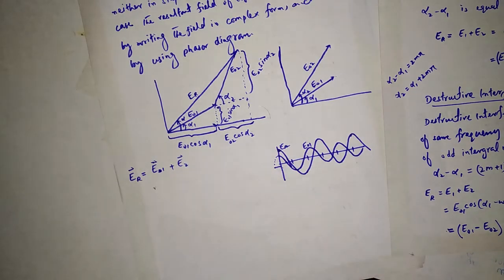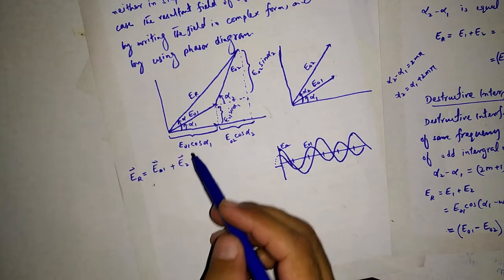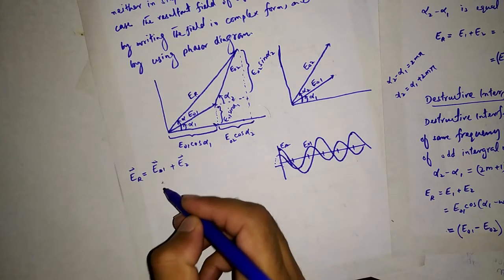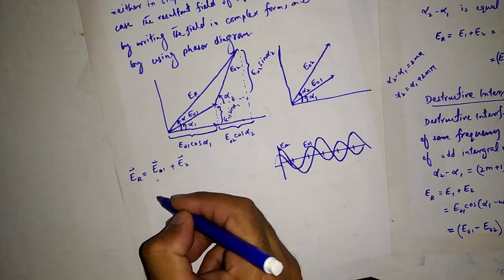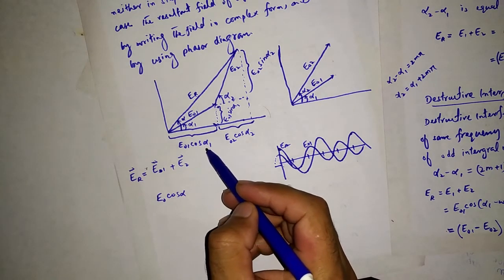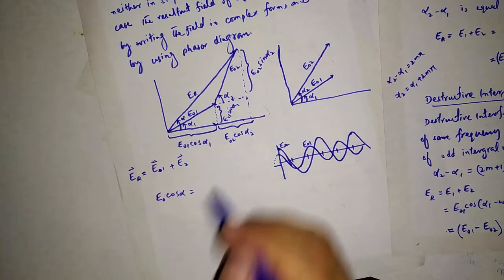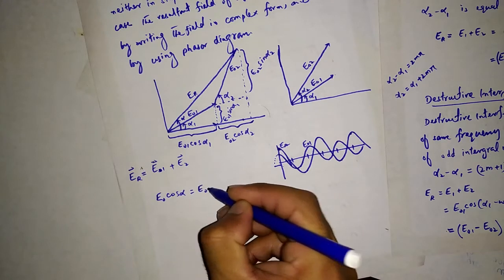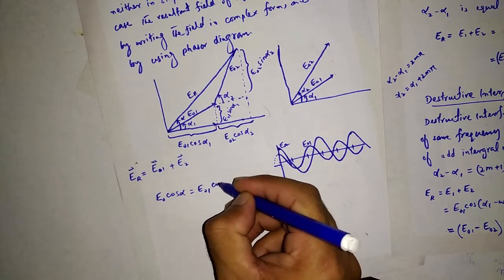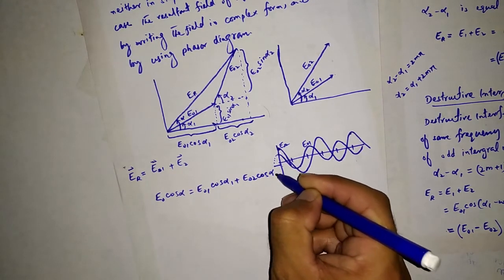So the two components of the resultant wave will be as follows. E naught cos alpha, if we add E naught 1 cos alpha 1 plus E naught 2 cos alpha 2, is equal to E naught 1 cos alpha 1 plus E naught 2 cos alpha 2.